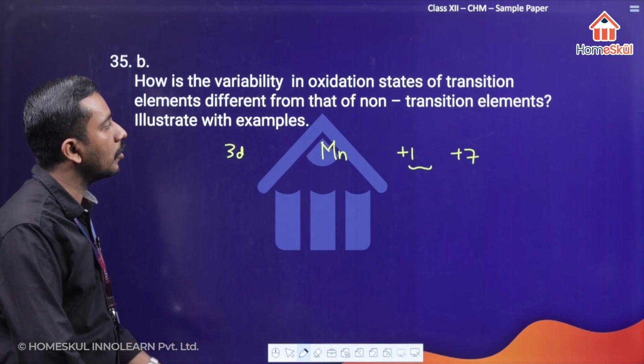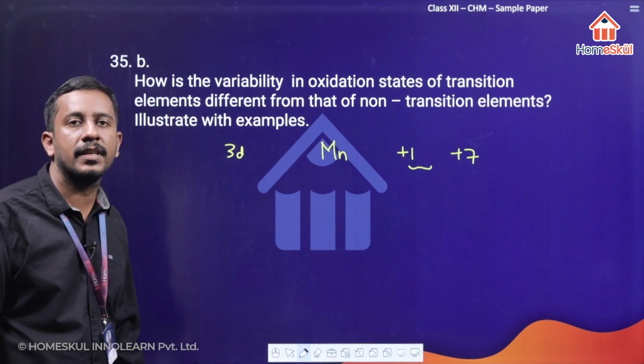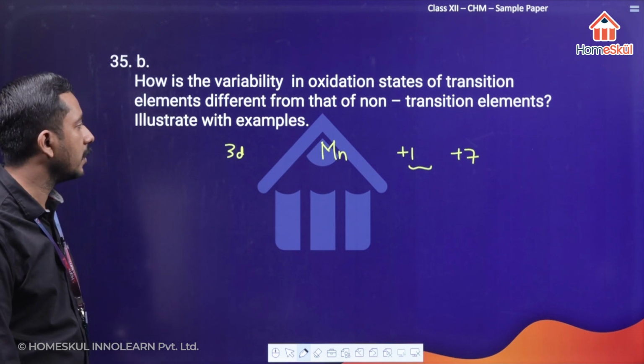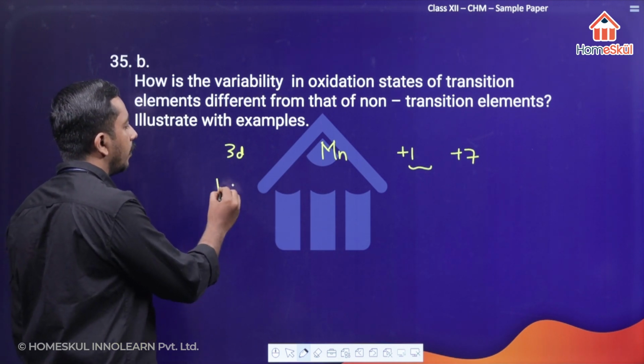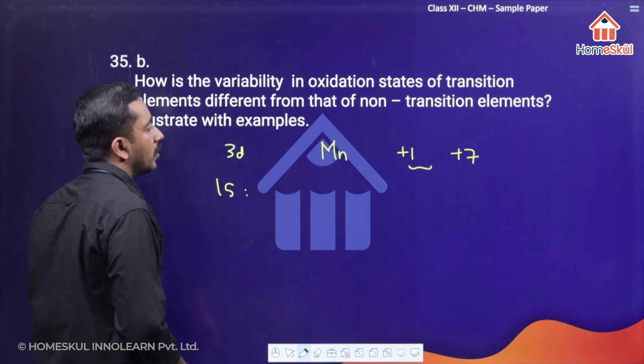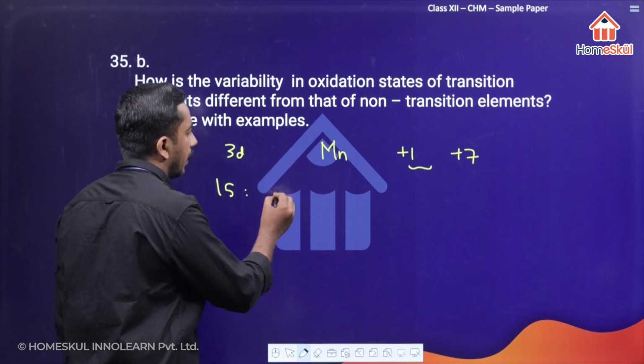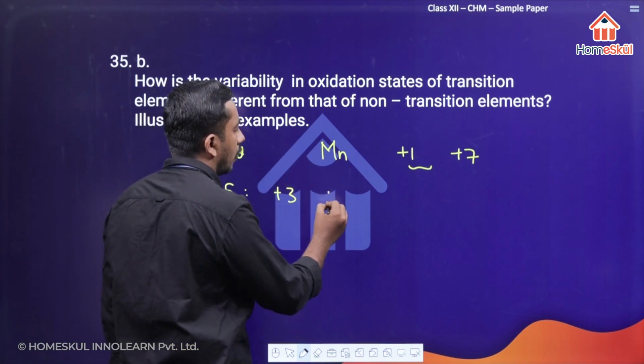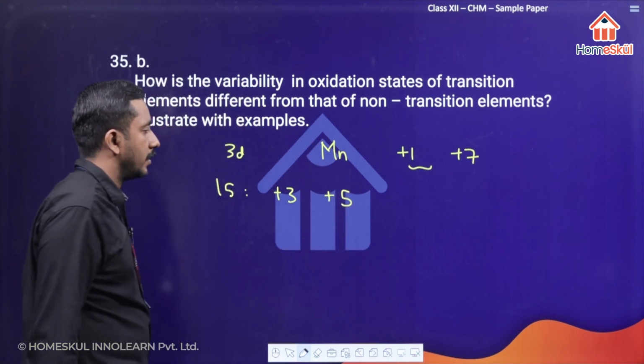Whereas if you take the non-transition elements, the representative elements or the p block elements, if you take the 15th group element, for example, the most common oxidation state shown by them can either be +3 or it can be +5 oxidation state.